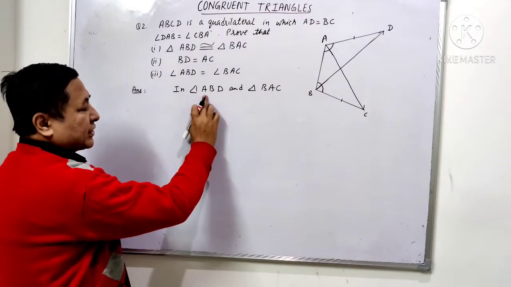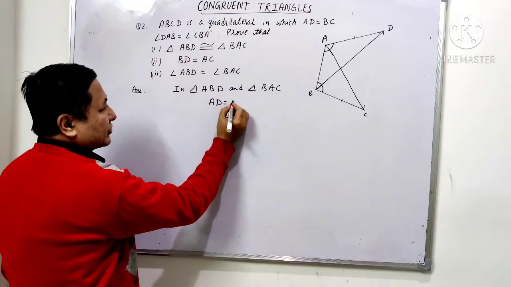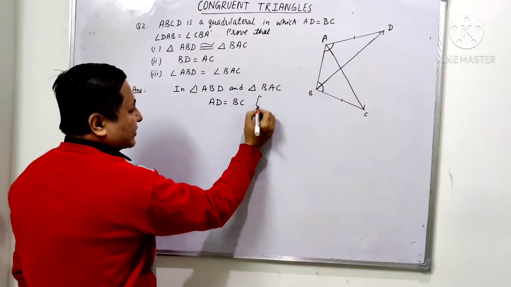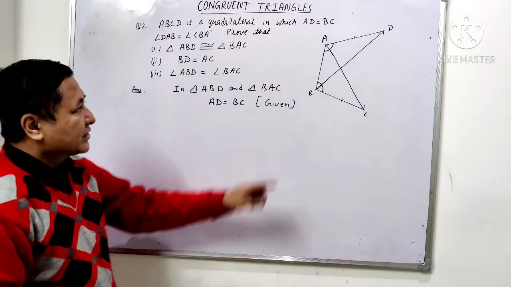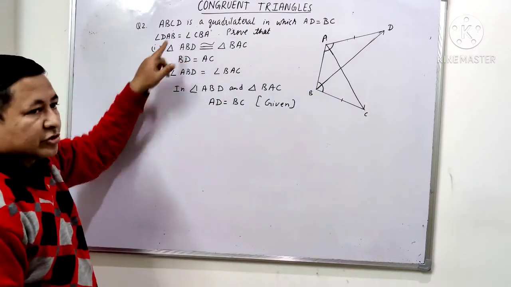Okay. So now first we'll see what is given in the question. AD is equal to BC. It is given in the question. And one more thing is given, that angle DAB is equal to angle CBA. This is also given in the question.